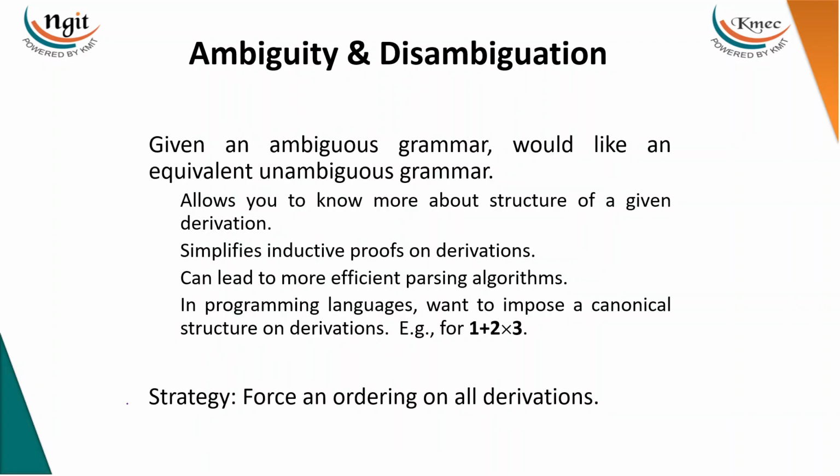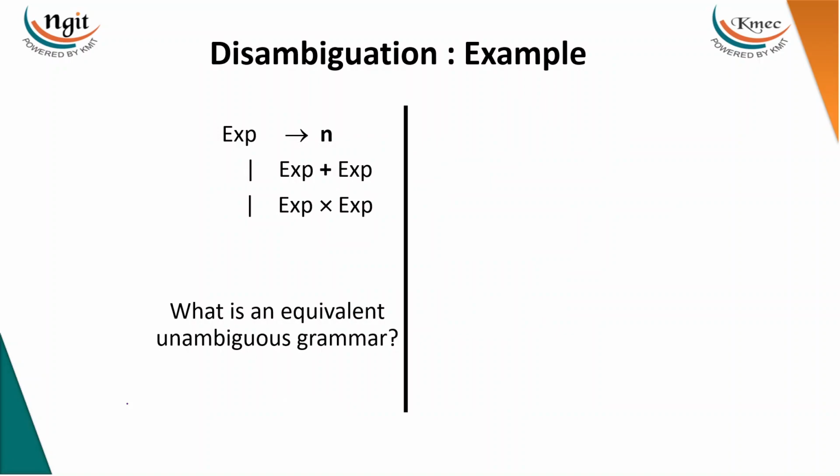Then how to eliminate the ambiguity from the grammar? The first way is to introduce new non-terminals. For example, here you have E tends to N, E tends to E plus E, where E means expression, and E tends to E into E. To overcome this, we can introduce new non-terminals without changing the language.